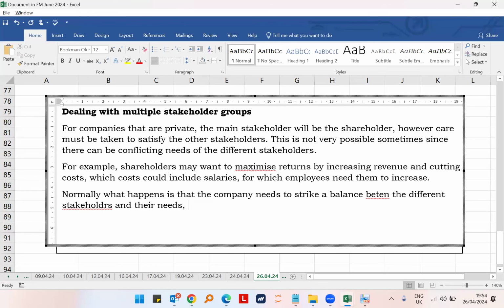Okay, so how do they do it? By classifying them into groups based on their power and influence. Now there is a tool that they use where they plot those which have high power and high influence, those which have low power.